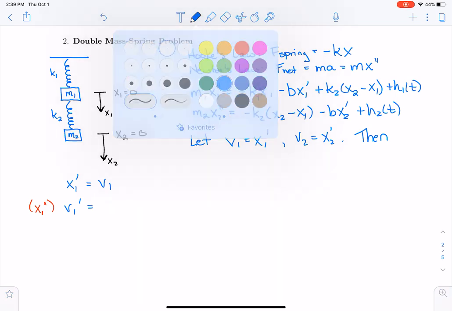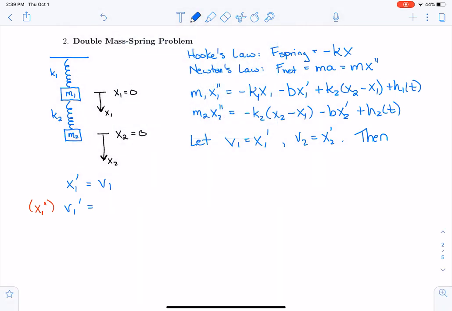And so if we solve for x1 double prime by dividing by m1, we will get minus k1 plus k2 over m1 times x1, since that's everything that gets multiplied by x1.